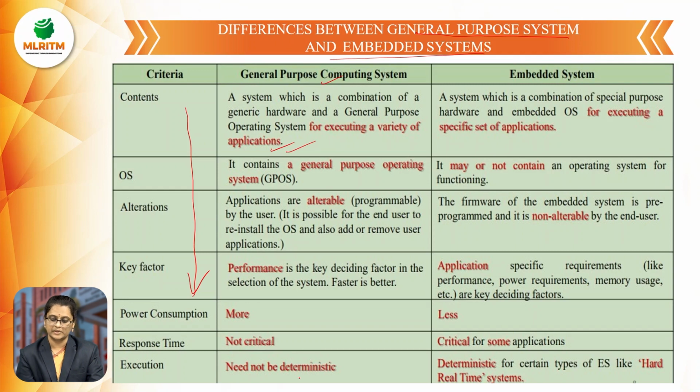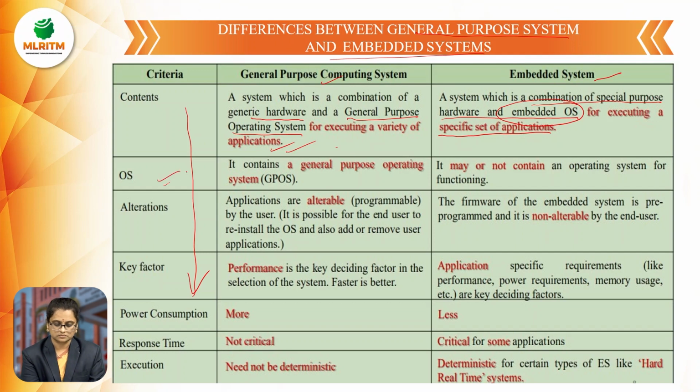In our general PC, to perform many applications like audio, browsing, video, chatting, we use generic hardware and a general purpose OS. But the embedded system is a combination of special purpose hardware and an embedded OS for executing a specific set of applications. So here we use an embedded related operating system.